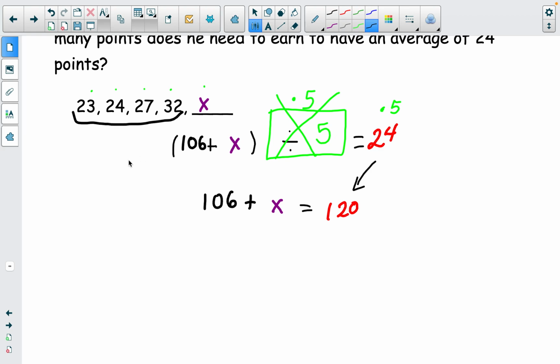What do I need to do next? If you said we need to get that x by itself, or isolate the variable, you are correct.